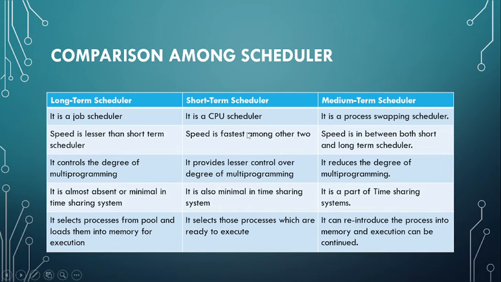The short term scheduler is the fastest, and the medium term scheduler is in between the two. The long term scheduler controls the degree of multiprogramming, and the short term scheduler provides lesser control over the degree of multiprogramming. The medium term scheduler reduces the degree of multiprogramming. I already told you it moves processes from main memory to secondary memory, so it reduces the degree of multiprogramming. It performs swapping.